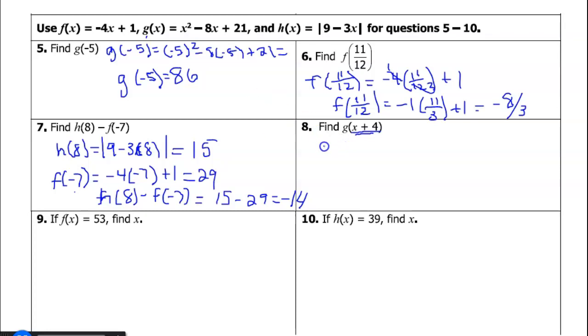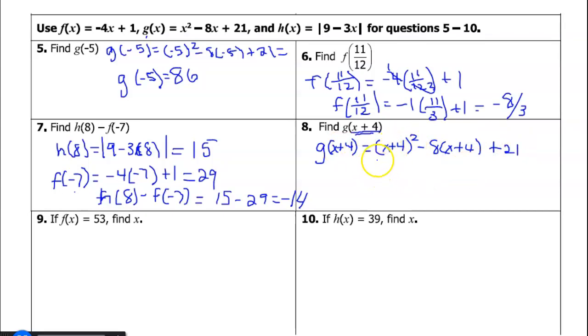So everywhere I see an x, I'm going to plug in x plus 4. So g of x plus 4 is equal to x plus 4 quantity squared minus 8 times x plus 4 plus 21.